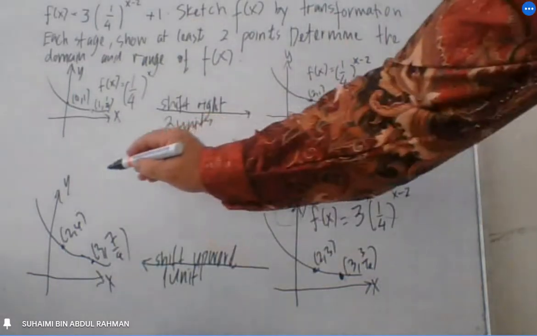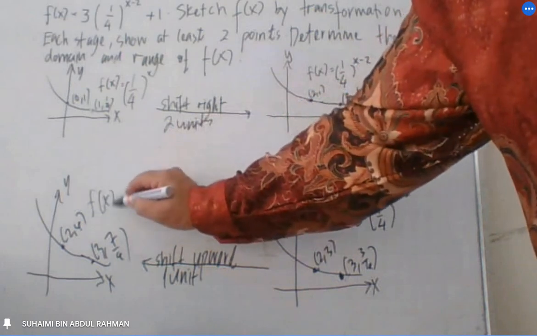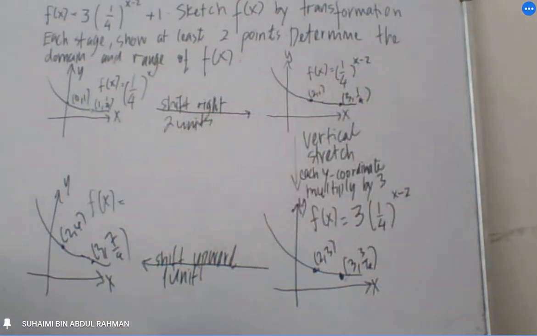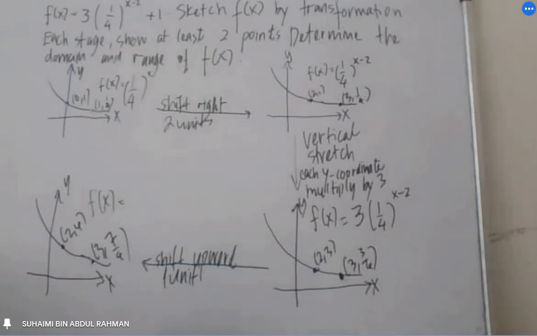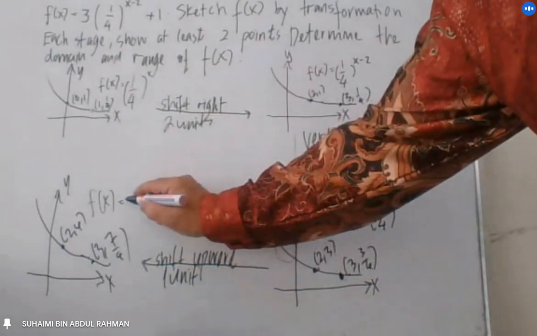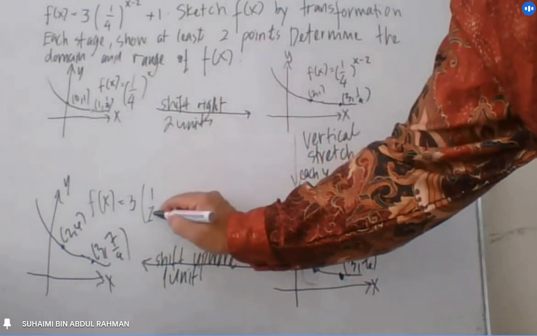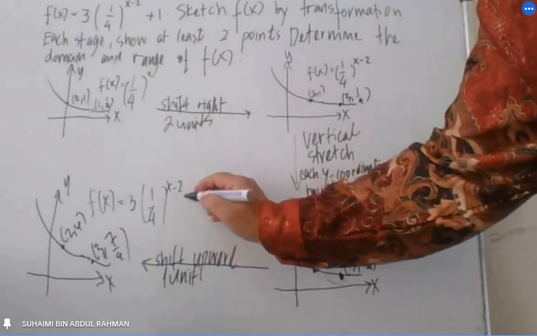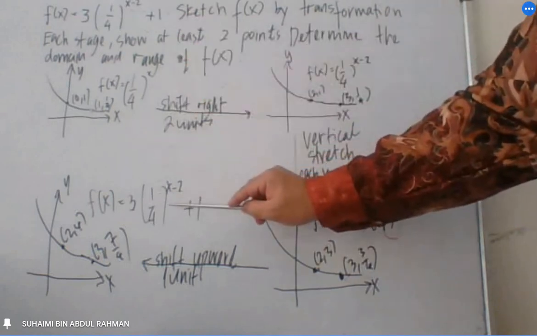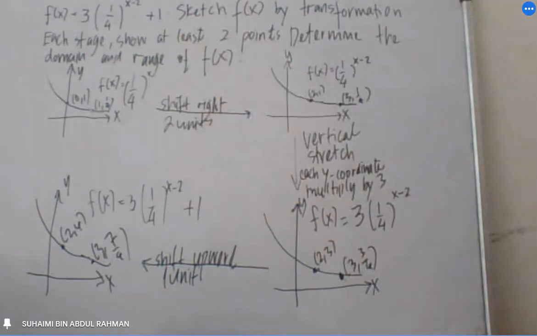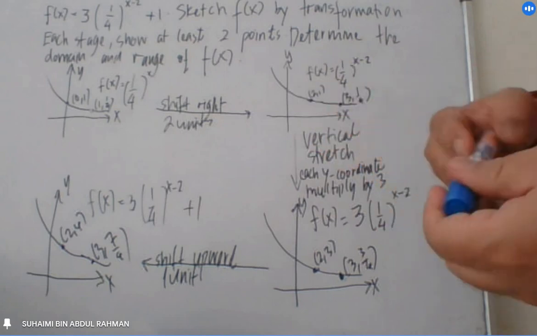And what is our function now? 3 multiplied by 1/4 to the power of x minus 2, and then plus 1, which is this one. And remember that we have asymptotes, right?